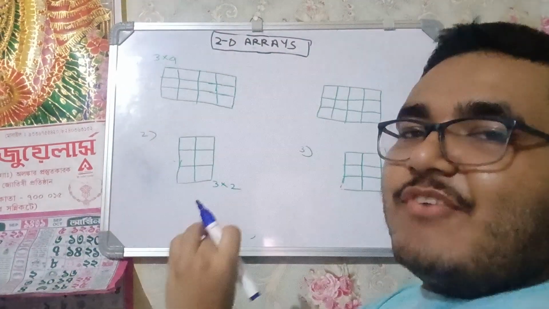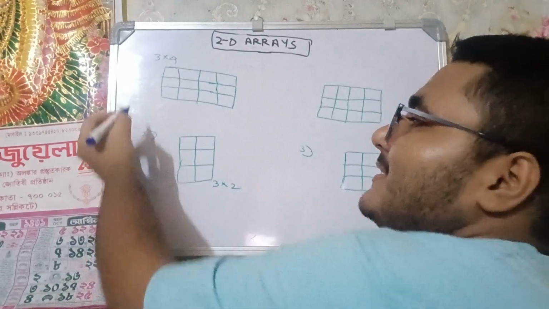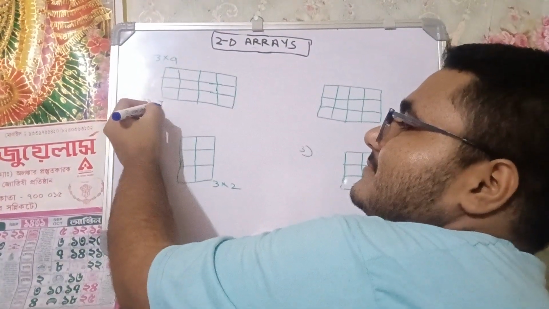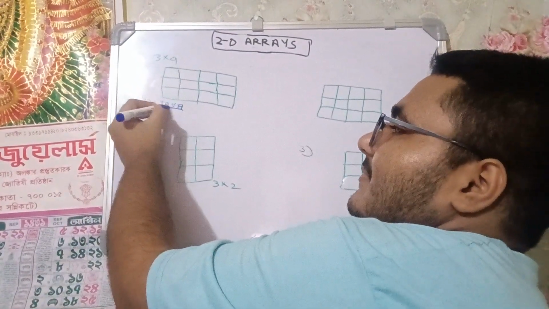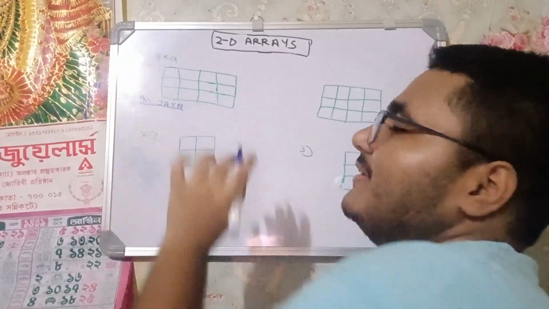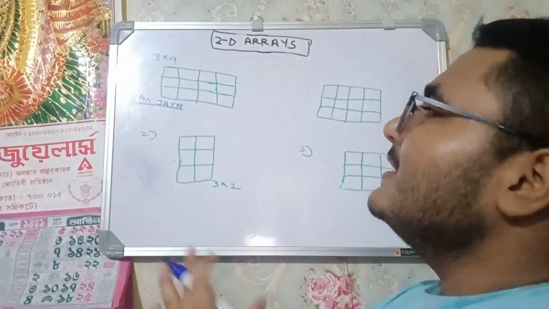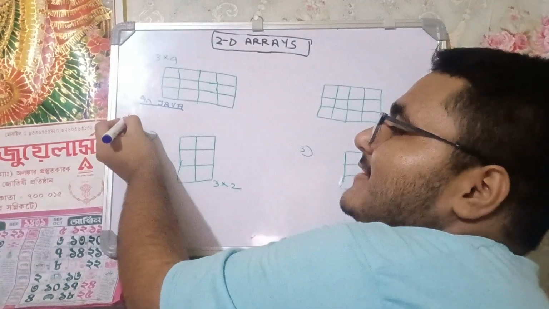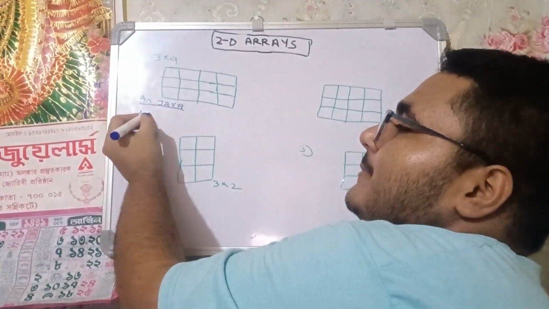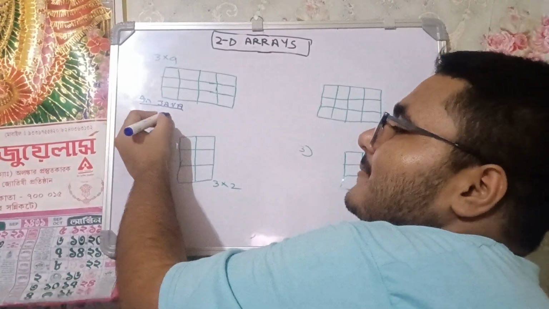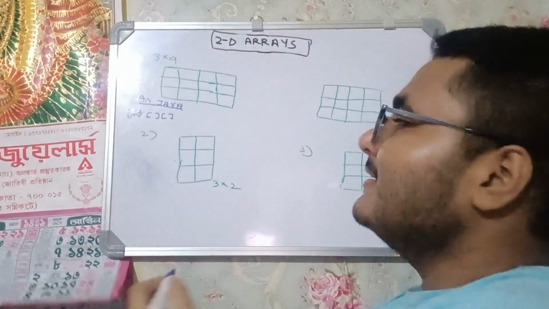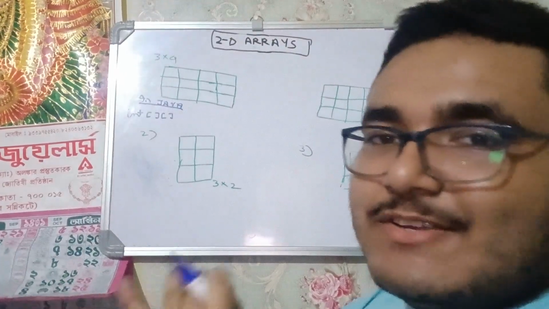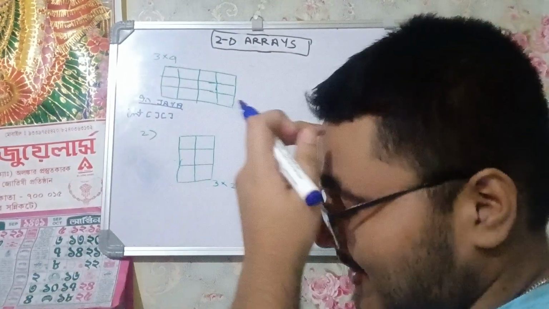See, in Java, if I talk about the first one, the trick is what I told you, just take the number of rows and the number of columns. So as it is a 2D array, it will be 2 brackets, fine, and it is not necessary you need to take integer data type only.